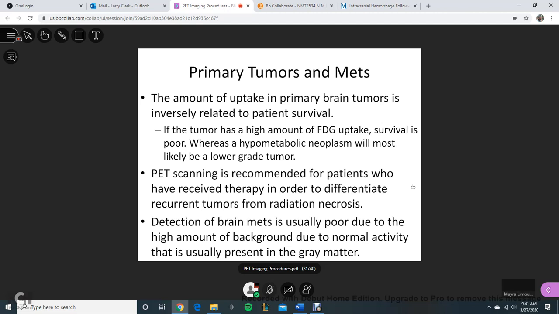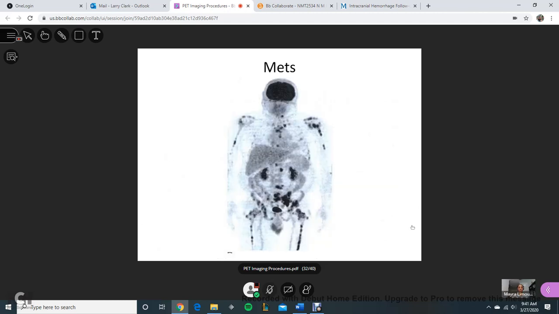Detection of brain mets is usually poor due to the high amount of background due to the normal activity that is usually present in the gray matter. So it's really hard for them to distinguish because of the background that's there, the normal brain activity from the gray matter. Okay, this is your brain mets. Well, this is mets in general.